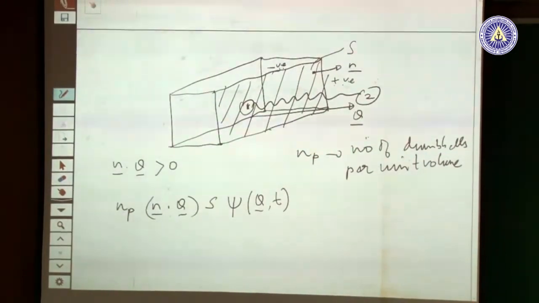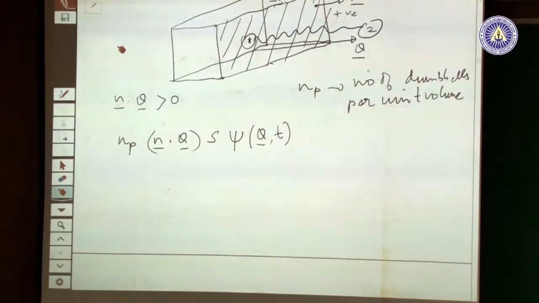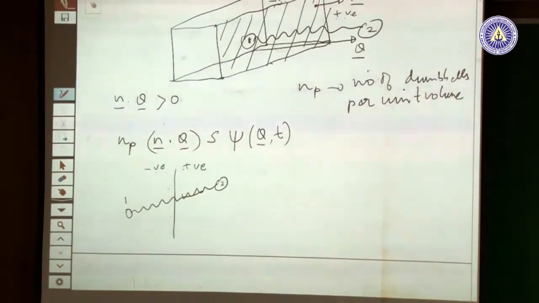Now, we want to know what force is being contributed per unit area because of this situation, and for that it is helpful to think of it like this. This is my negative side and this is my positive side, and I have a situation where this is bead 1 and this is bead 2. This force I am calling F1 phi.